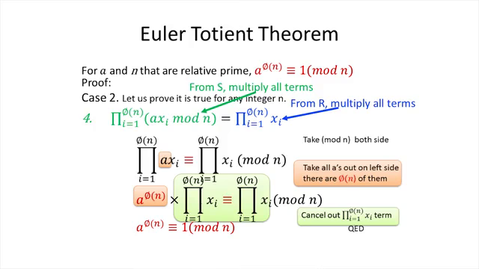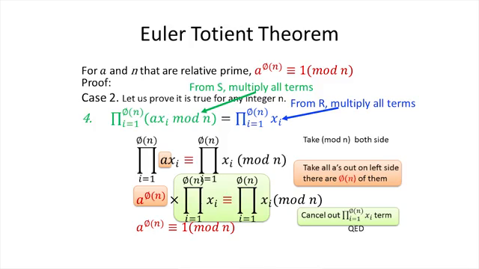In the second equation, you can see we take all the a's on the left-hand side out. And since this is a multiplication operator, they go from 1 to phi of n. Therefore, altogether there are phi(n) of a.